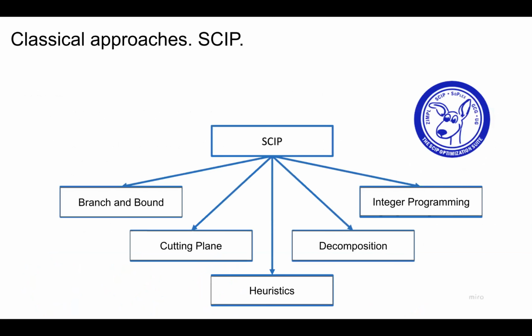For integer programming and exact solutions, we used the SCIP framework, which has many classical integer programming approaches to solve the route optimization problem and is supplied under different licenses, and we used the academic one.